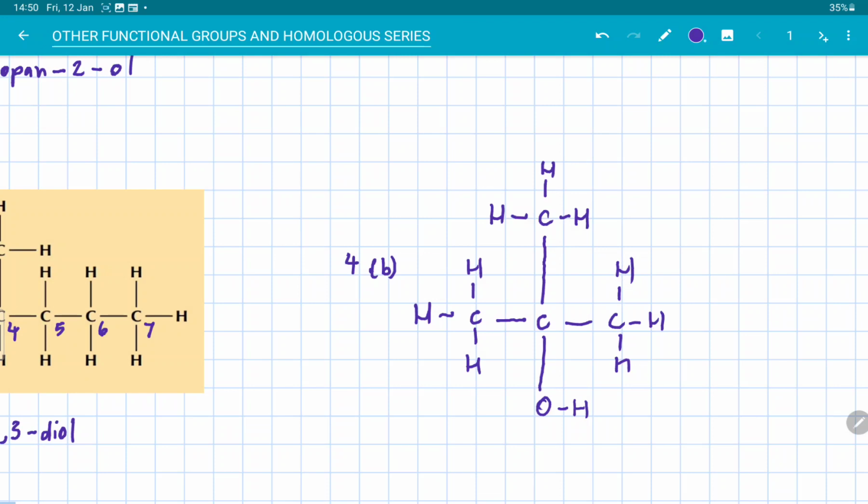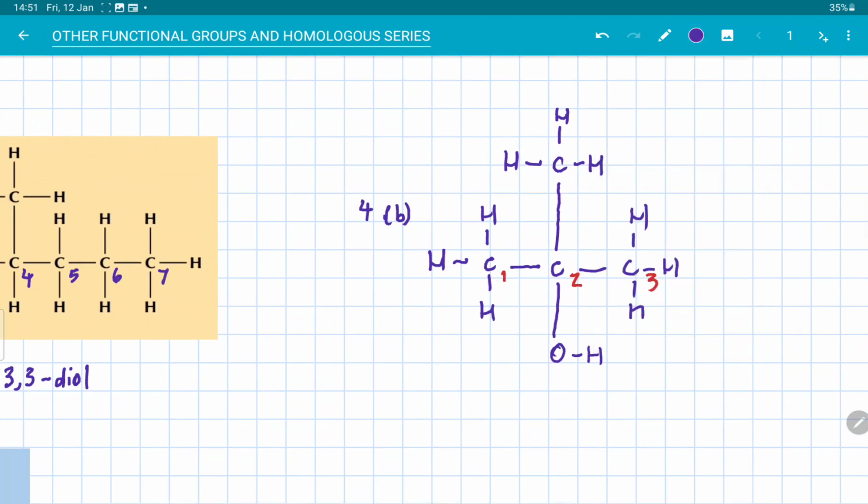Okay, this example is very important. If I count here, 1, 2, 3. Basically it's a methyl branch. So if we name this molecule, this is how we're going to name it: 2-methyl. When I count continuously going this way, that's going to be a methyl branch. 2-methylpropan-2-ol, right? Because the functional group is on carbon 2.